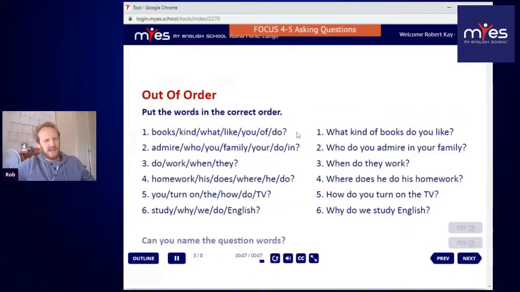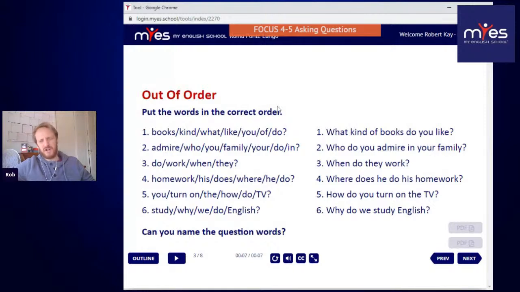Yeah, perfect. So we have some question words here. What are the question words? We spoke about it before. Can you tell me what are the question words?